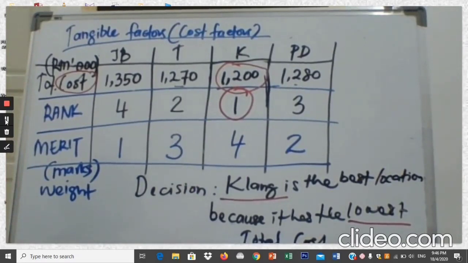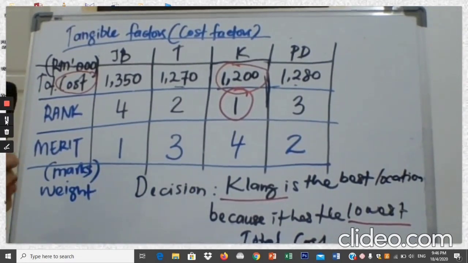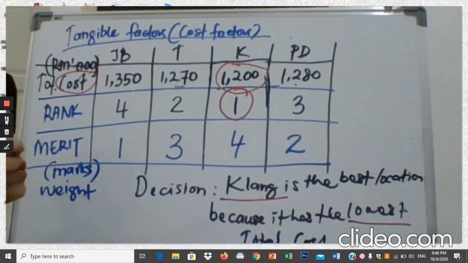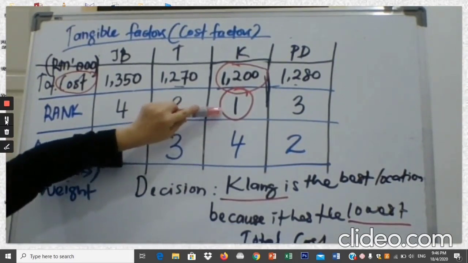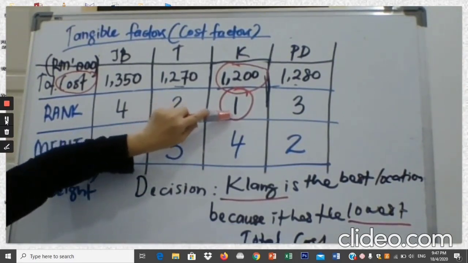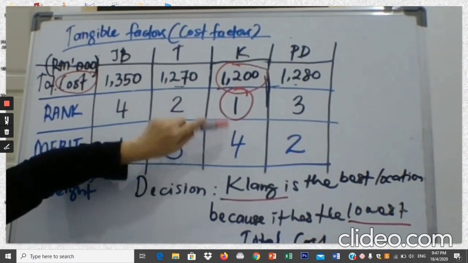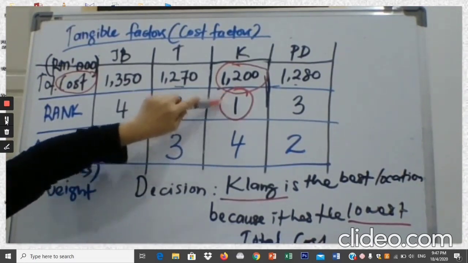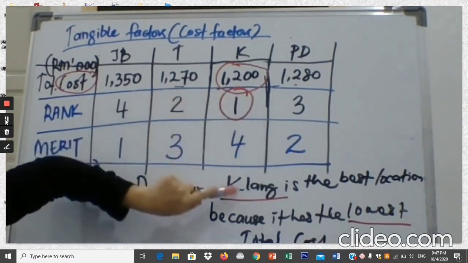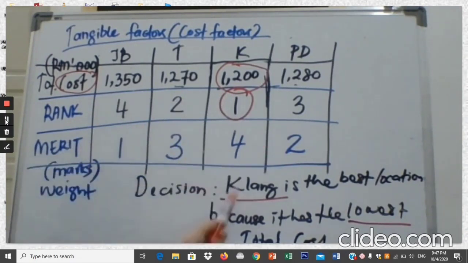Once you have performed the calculation, the last thing to do is to make a decision. Don't forget the decision for every question. How to make a decision? You choose the location with rank number 1, the best rank. It looks like Klang here is in rank number 1 with the highest mark. So Klang is the best location. You choose rank number 1.